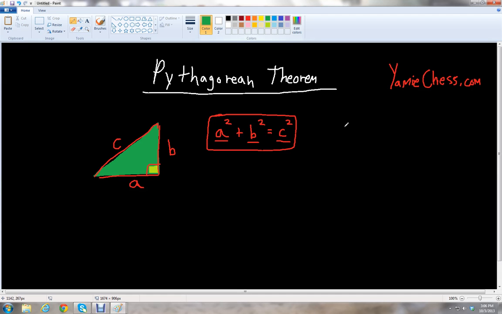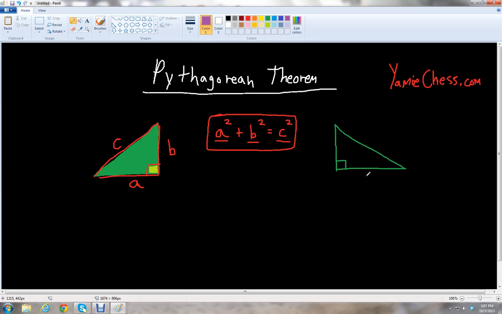So let's say we have a right triangle we're going to draw. And we have a right angle. A right triangle always has a right angle, and the hypotenuse is always the longest side, across from the right angle.